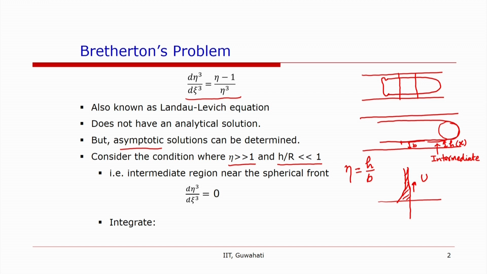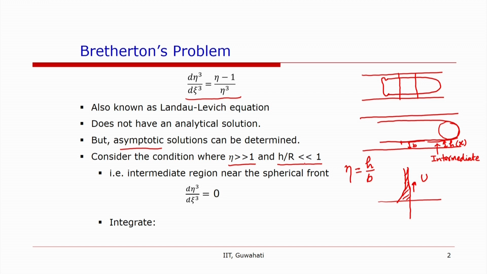So we are considering the region where eta is greater than 1, but it is still sufficiently small compared to the channel radius. Somewhere in this region the film is sufficiently thick, and it is very small when you compare it with the tube radius.